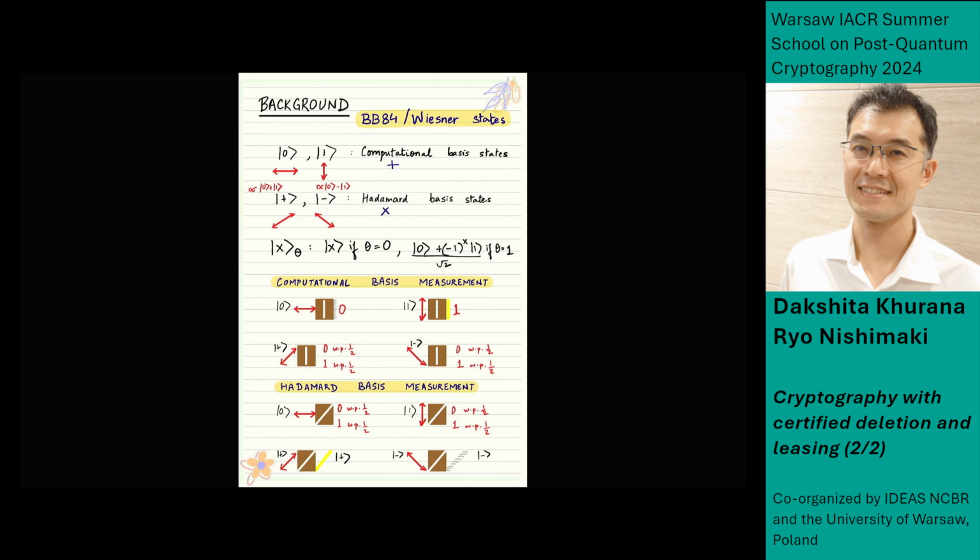So if we use computational basis measurement, then we measure 0 with probability half and 1 with probability half, in these two cases, plus ket and minus ket. If we use Hadamard basis measurement, these are flipped. If we measure plus ket, then we get plus ket. If we measure ket 0 or ket 1, then with probability half we get 0 and with probability half we get 1.